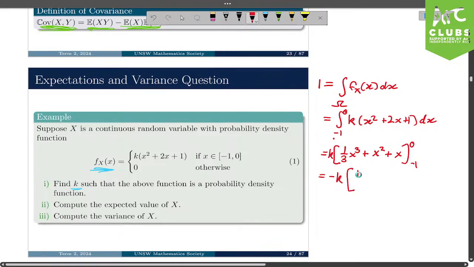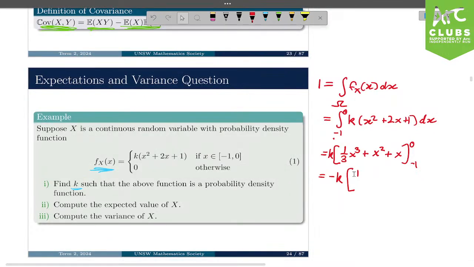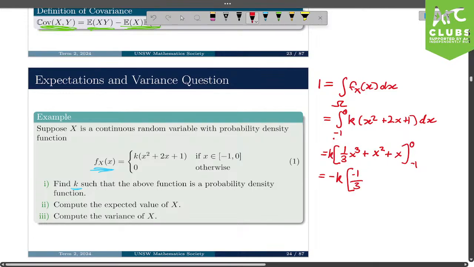So we get -1 on 3 plus 1 minus 1. That's just going to be k on 3 equals 1, which implies that k equals 3. Cool, so we've done part I.